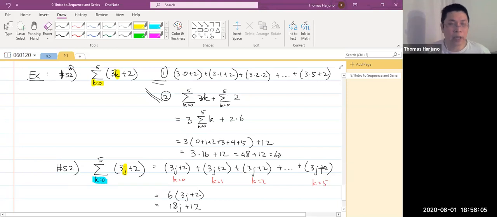Then that variable k will run from 0 up to 5. But if the variable is different from the index k, then you don't substitute. You only substitute the variable if it equals the index.